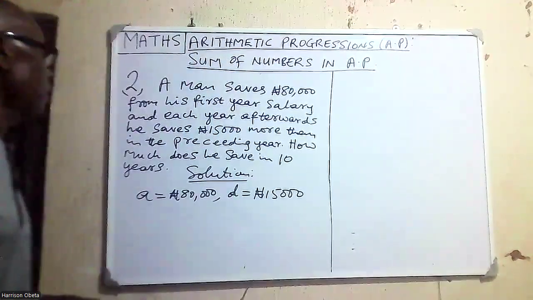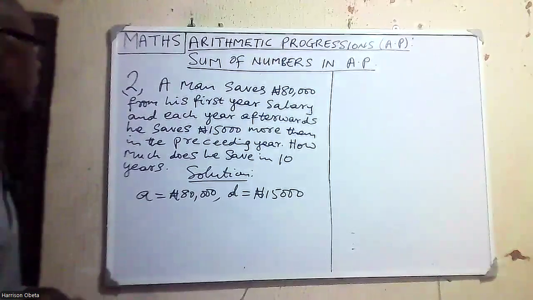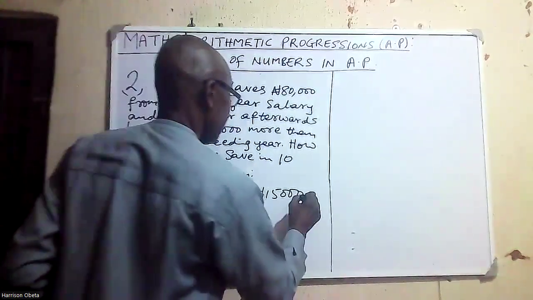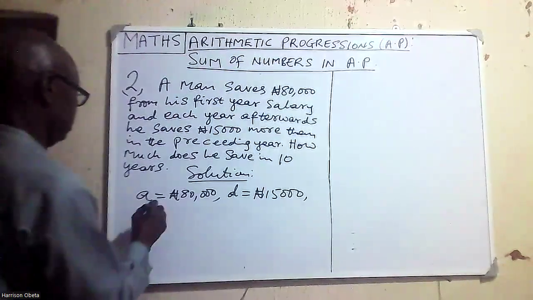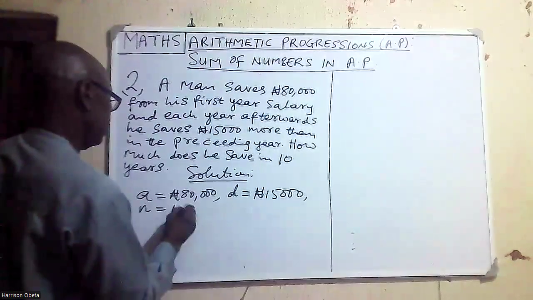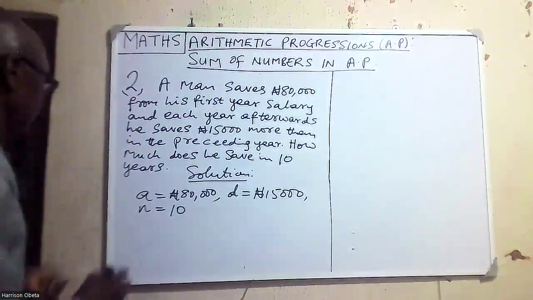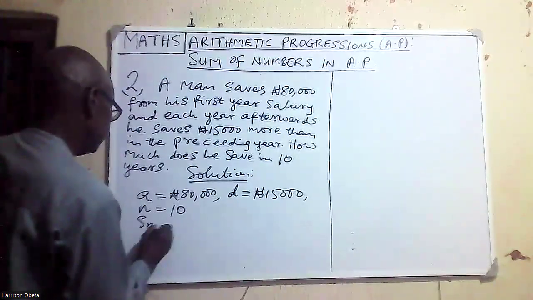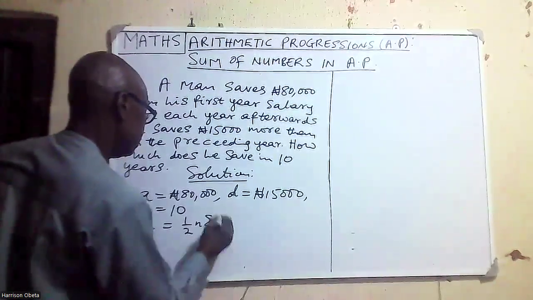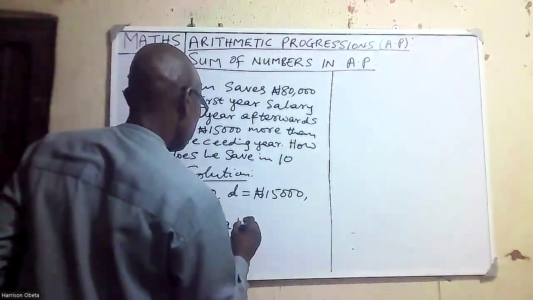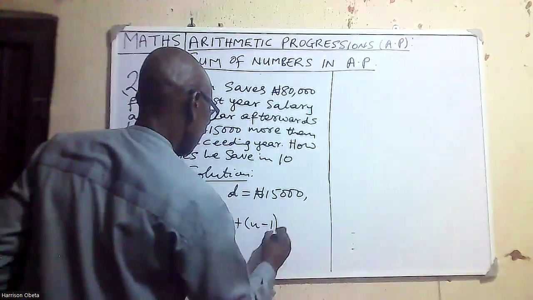And then we use the formula for finding the sum. Our n is 10. That's the 10 years. So Sn is equal to half n into (2a plus (n minus 1)d).